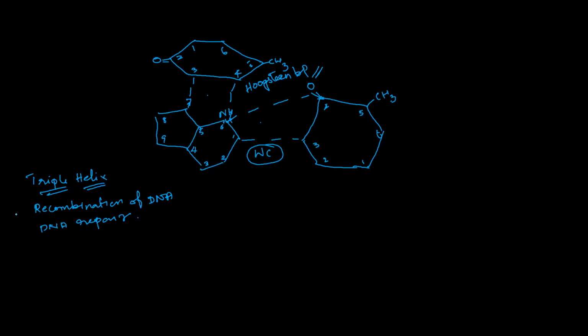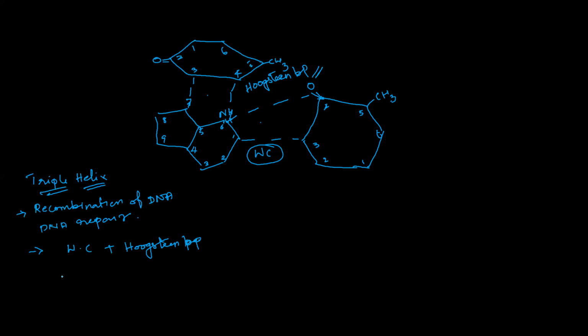So what actually happens in the triple helix is that the structure involves, in addition to normal Watson and Crick base pairing, the Hoogsteen base pairing, as I just mentioned. So it involves both Watson and Crick plus Hoogsteen base pairing, BP.